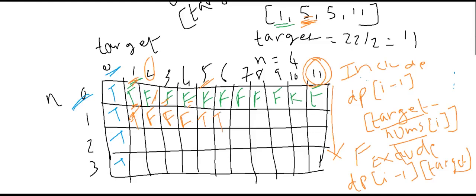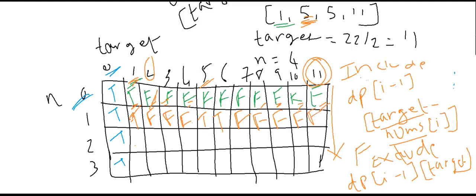So dp of 0 and 2 is false, and the previous value is false, so this is false. 8 minus 5 is 3. dp of 0, 3 is false, and exclude is this one, so false. 9 minus 5 is 4, and dp of 0, 4 is false, and exclude is this, so this is false. 10 minus 5 is 5, dp of 0, 5 is false, and this is also false for exclude, so this is false. 11 minus 5 is 6, dp of 0, 6 is false, and this is also false. So this will be false.